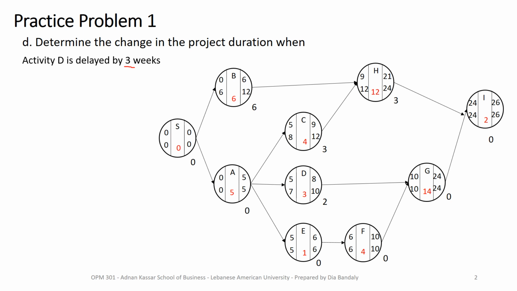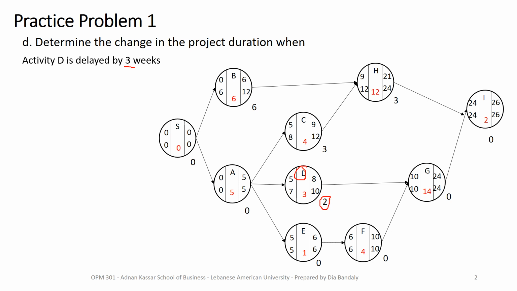So we look at activity D, or the project manager will go and look at activity D, and he will see that this activity has a slack time of 2 weeks. What does it mean? Remember this is the definition of slack time. It's how much I can delay an activity without delaying the whole project.